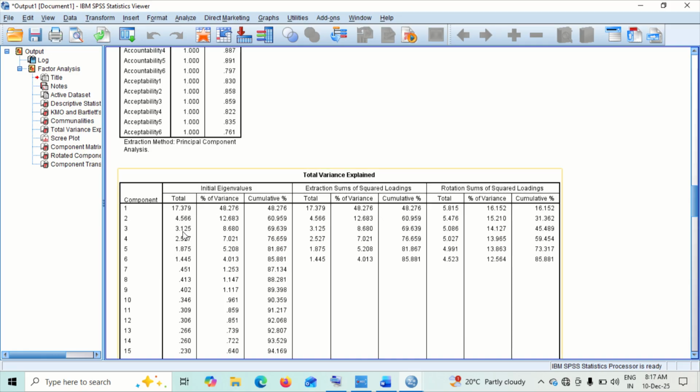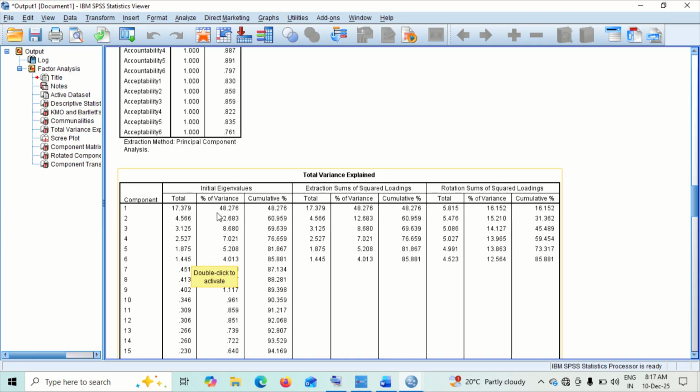Third component has the eigenvalue of 3.125. Fourth component has the eigenvalue of 2.527. Fifth and sixth components have eigenvalues greater than 1, that is 0.187 and 1.445 respectively. And the percentage of variance explained for the adoption level.